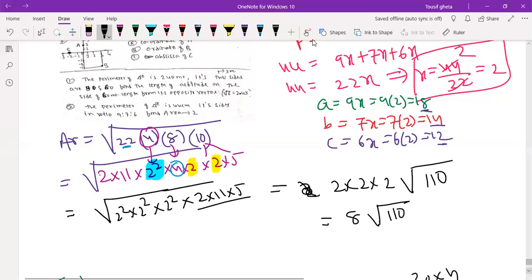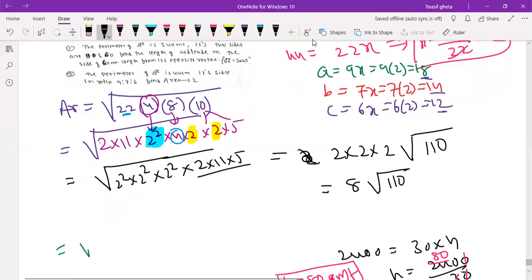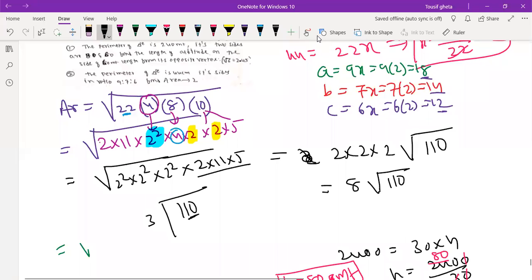So now you need to find out root 110 by the division method. You should go from the last. 1 1 is 1. 1 minus 1 is 0. Then 10 will not go, so you have to take another 2 zeros down by keeping a point.